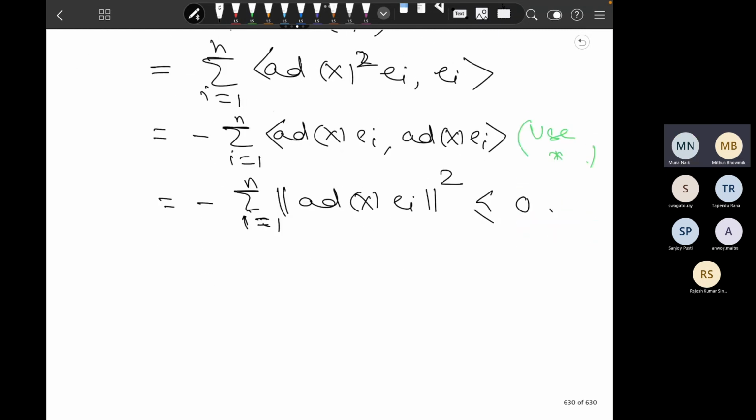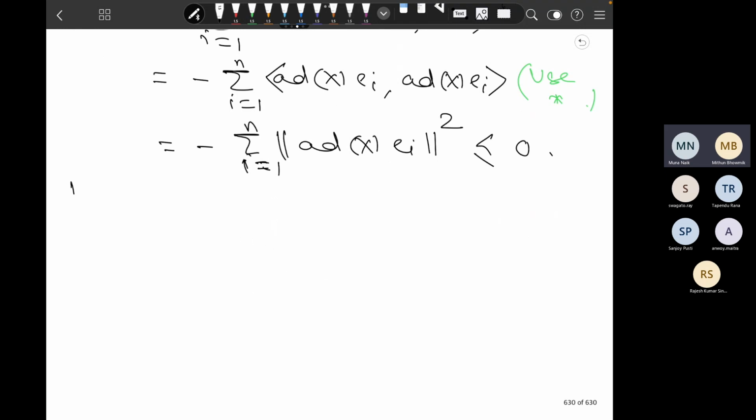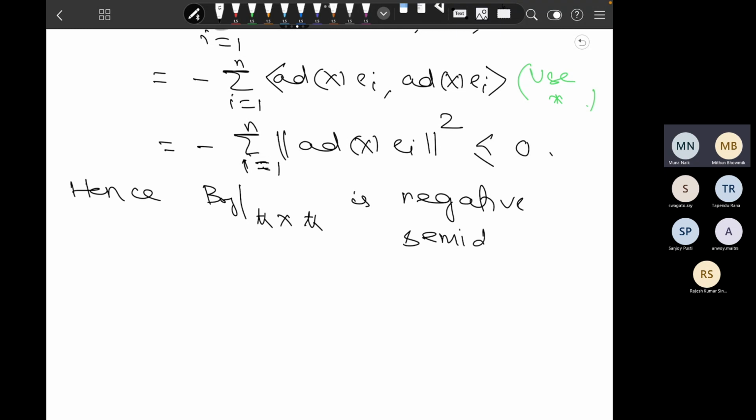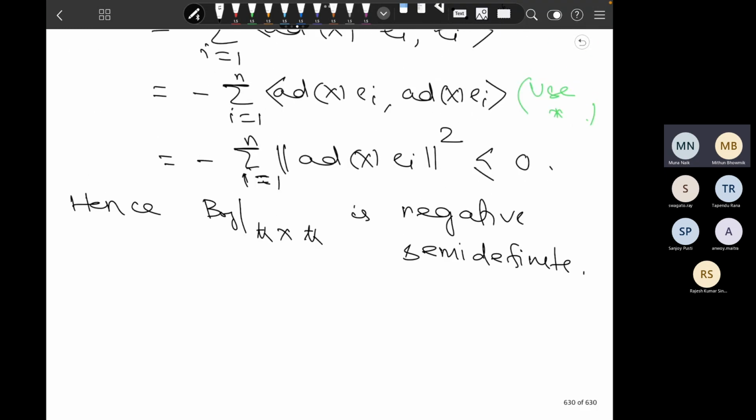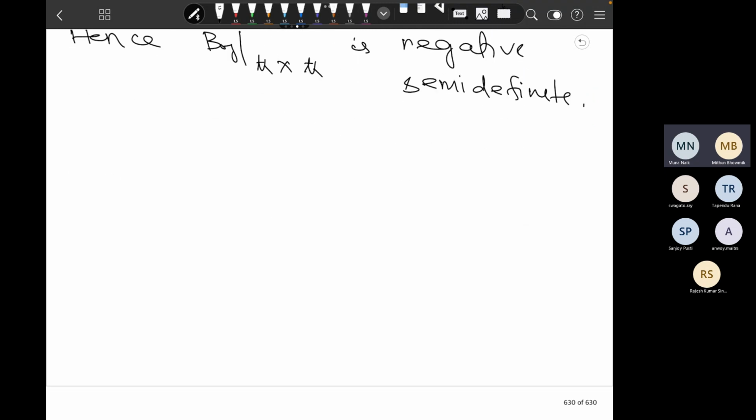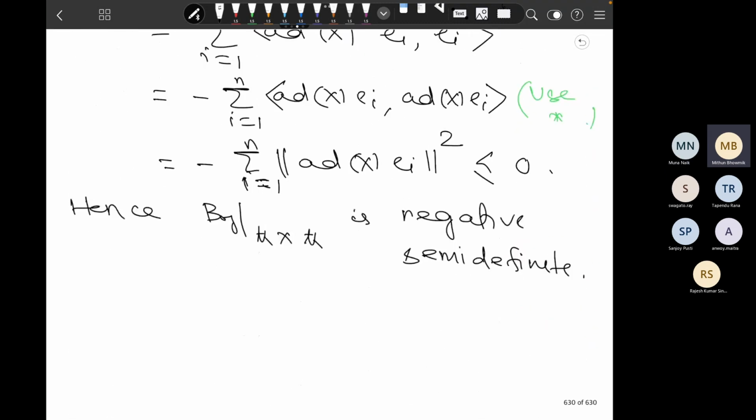Hence B_G restricted to k cross k is negative semi-definite. My God, I'm running out of time. Okay, so B(x, x) is equal to 0 if and only if R_G(x) is zero.